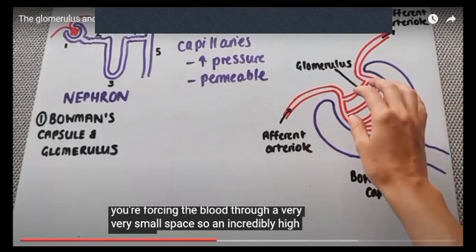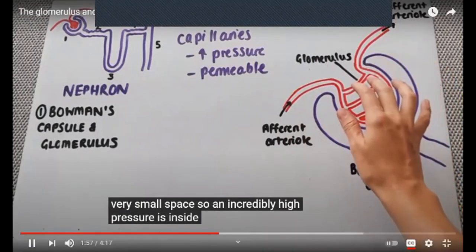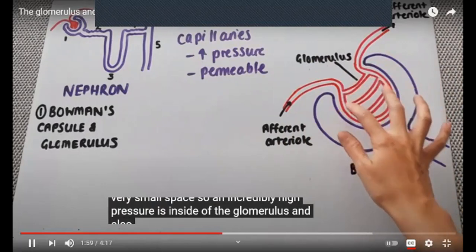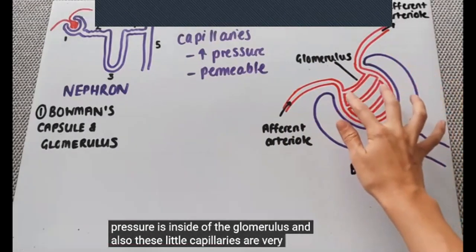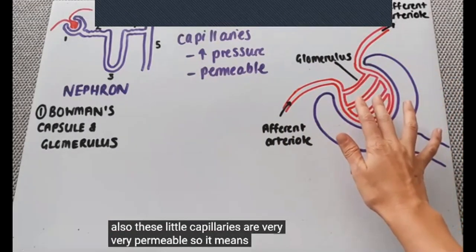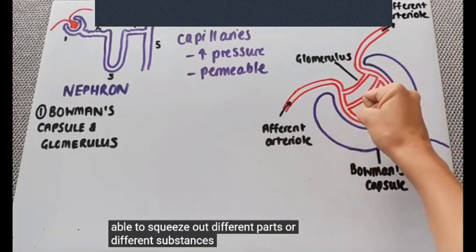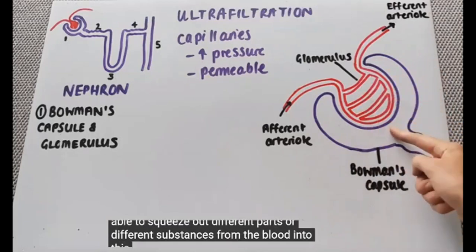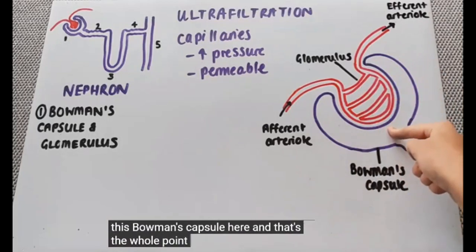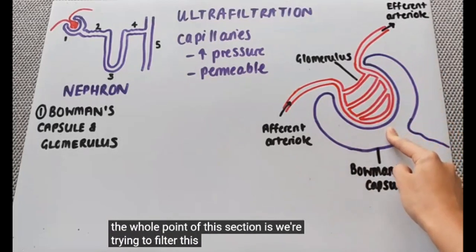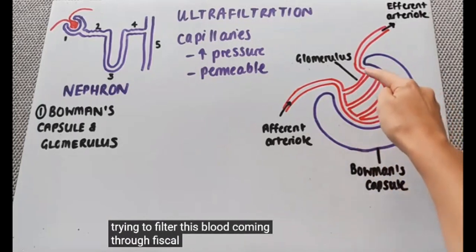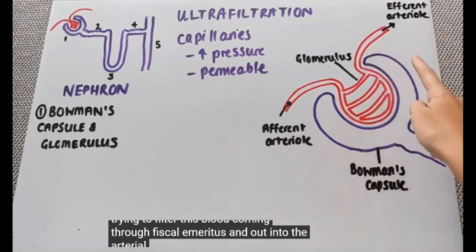So an incredibly high pressure is inside of the glomerulus, and also these little capillaries are very, very permeable. So it means that it's able to squeeze out different substances from the blood into this Bowman's capsule here. And that's the whole point of this section, we're trying to filter this blood coming through this glomerulus and out into the arteriole here.